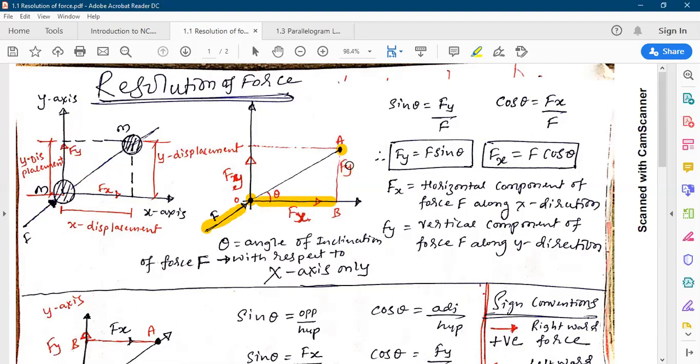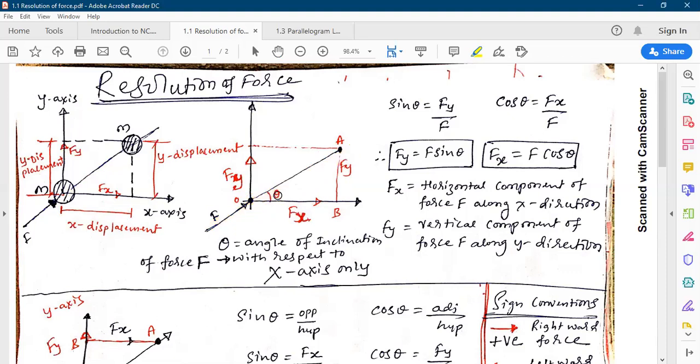In order to find that, let us consider a triangle OAB. In this triangle, let us mark the angle of inclination of the force as theta. This is the line of action of force, and the force makes an angle of inclination theta with respect to the x-axis.